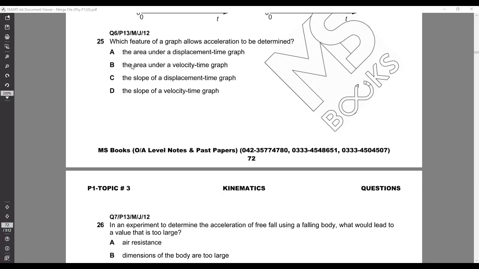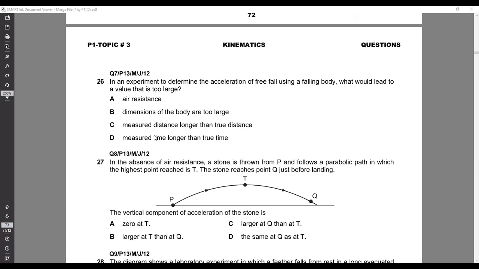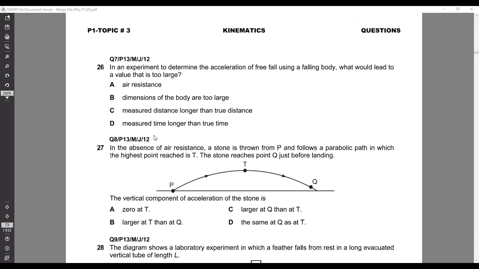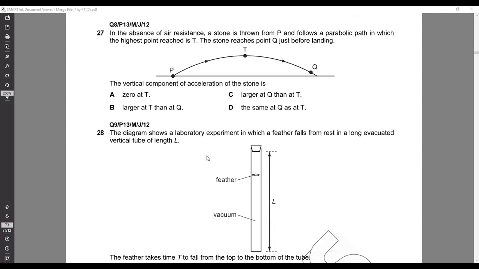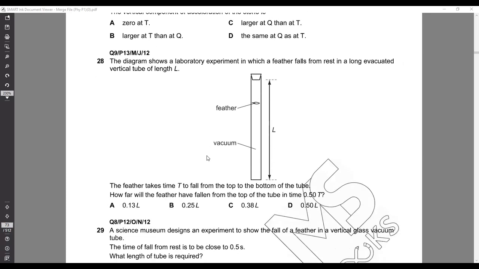Okay, so that's right. Okay, I will discuss that question later. Question 26.